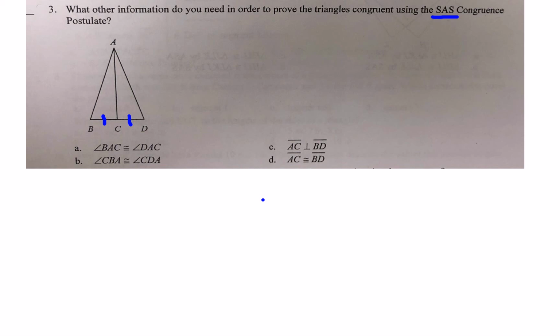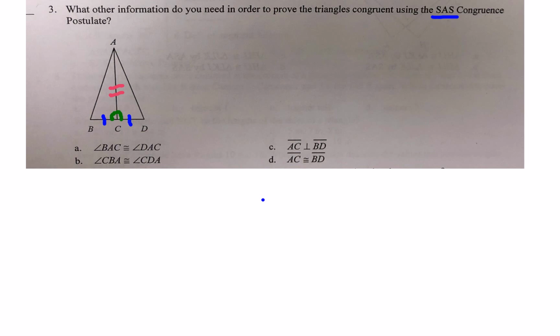And I can say that AC is congruent to itself by the reflexive property. So if I already have my two congruent sides, I just need the included angle. It means that I need the angle in between those two congruent sides. So I need this angle to be congruent to this one.